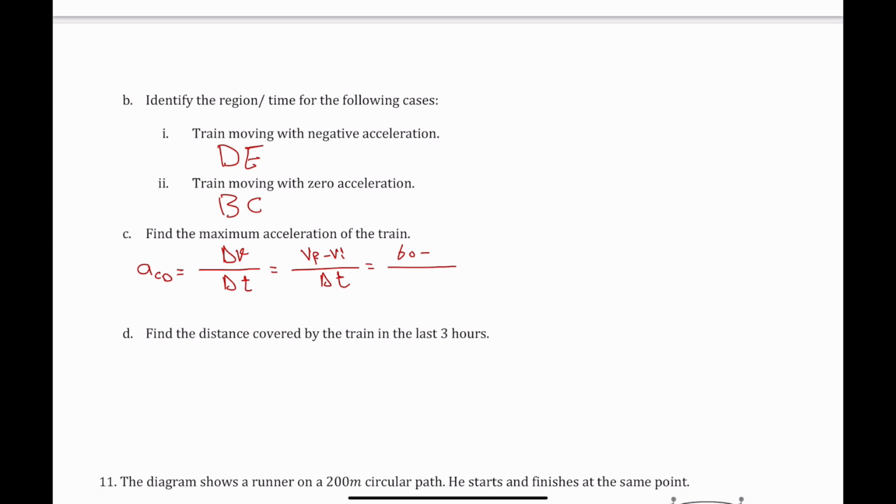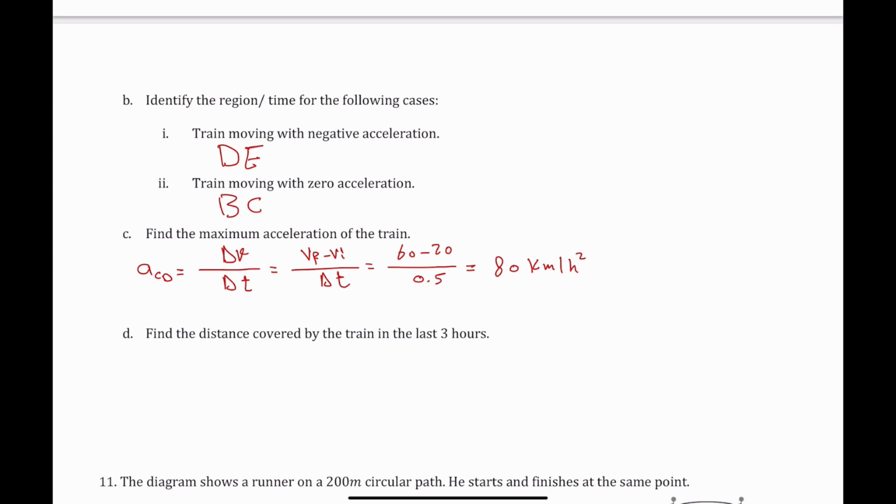So 60 minus 20 over 0.5. So it will be 80 kilometers per hour squared.